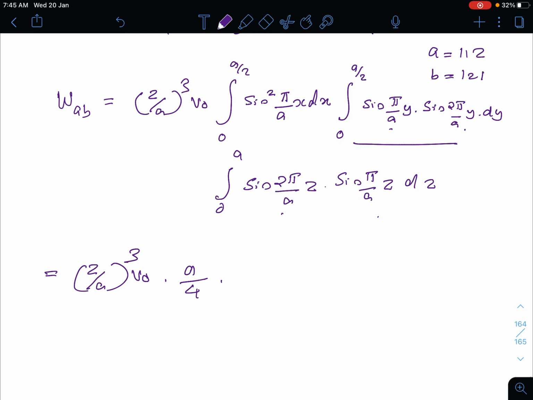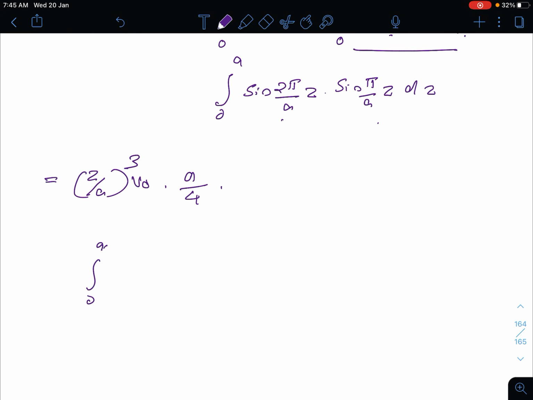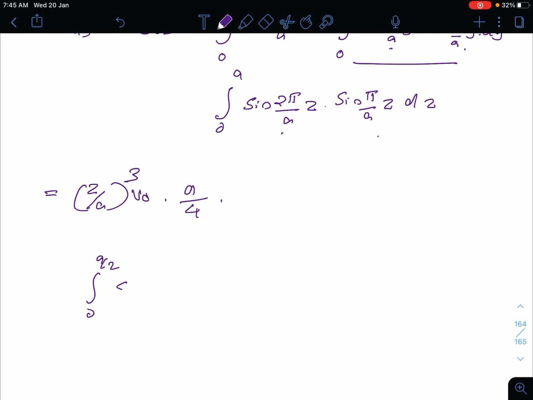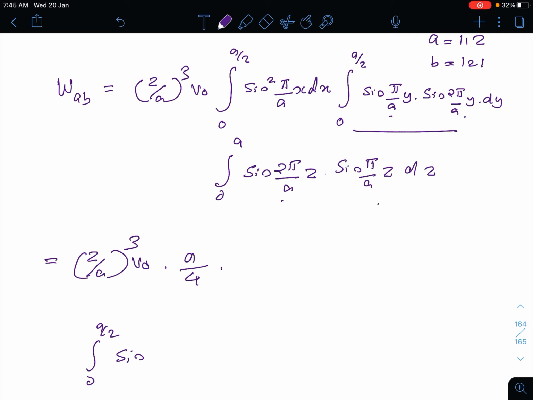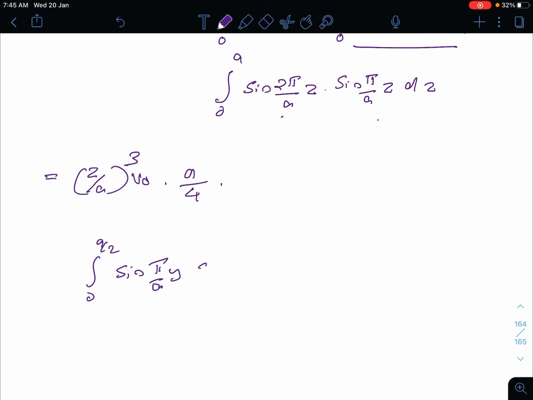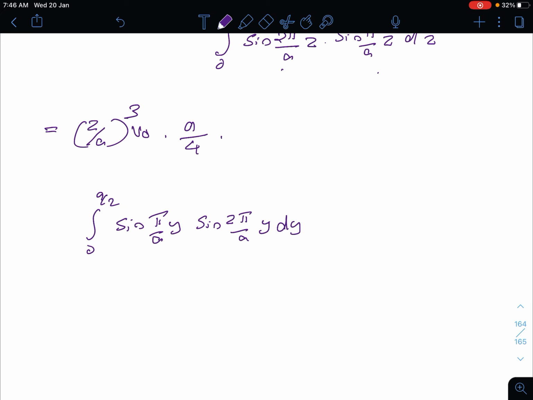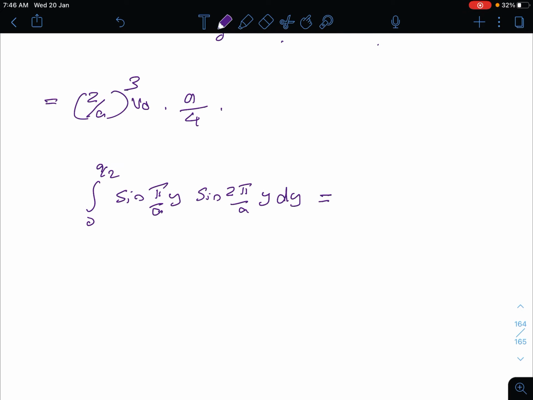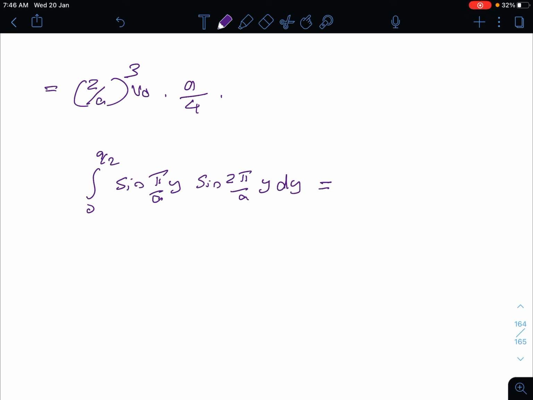The second term, that means integral 0 to a by 2 sine pi by a y sine 2 pi by a y dy. Obviously this is 0, which you can find using common sense. Anyway, we will do this. Don't worry about it. We know sine a sine b is equal to half of cos a minus b minus cos a plus b.